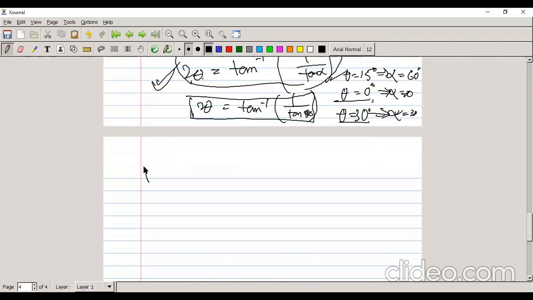See, suppose in dynamics, sometimes they ask that a car, suppose this is the path, and the car moves along this direction.